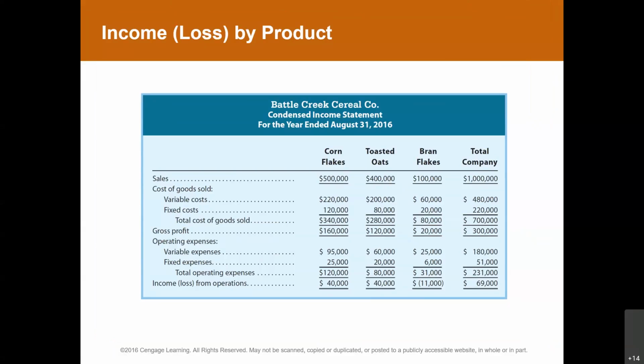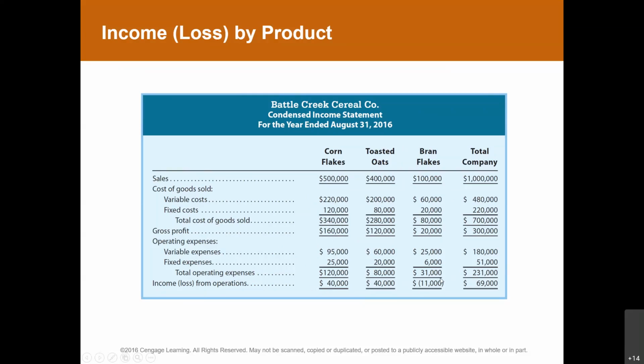And so looking at these products, we can look at their sales, the cost of goods sold, the gross profit, operating expenses, and so on for each product. We can see by just glancing quickly at this report that our Raisin Bran is not doing so hot. In fact, it's generating a loss from operations of $11,000.